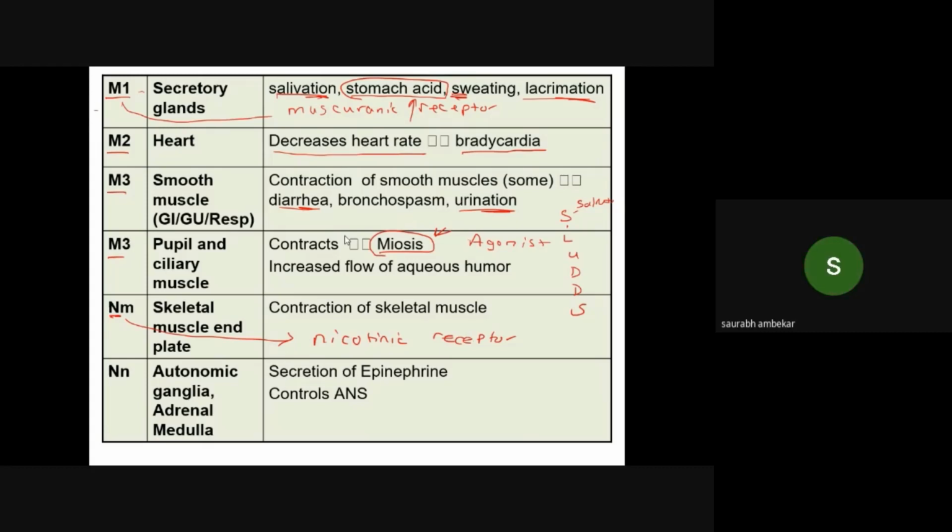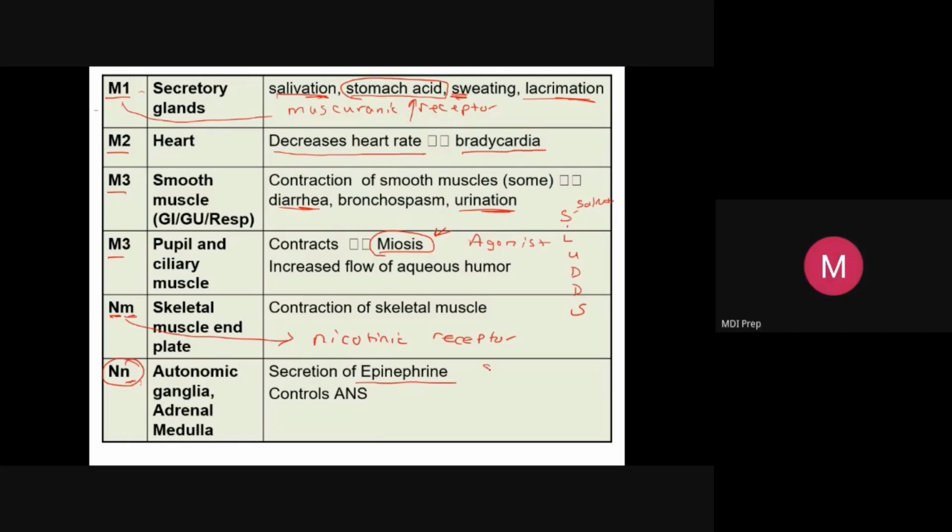Doctor, what about nicotinic? Are they sympathetic in action? I like how you said that. Let's look at it. So you got muscarinic M, nicotinic N. Now watch this. Let's just look at N for a second. If you have an agonist, it's going to cause the secretion of epinephrine. Is that sympathetic or parasympathetic?